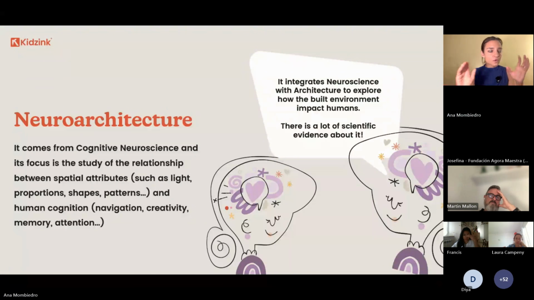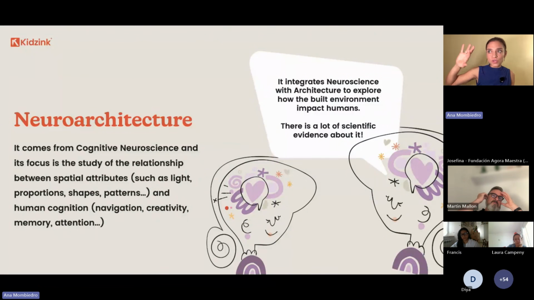And what it does as a field, it studies the relationship between spatial attributes and human cognition. Some spatial attributes come, of course, from architecture because we study the light, the proportions, the shapes, the patterns, the presence of nature.